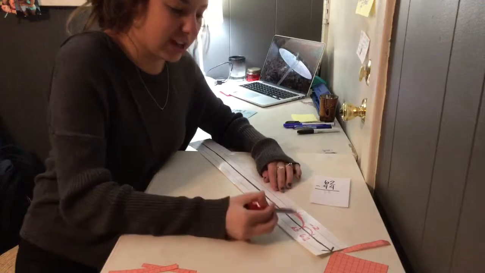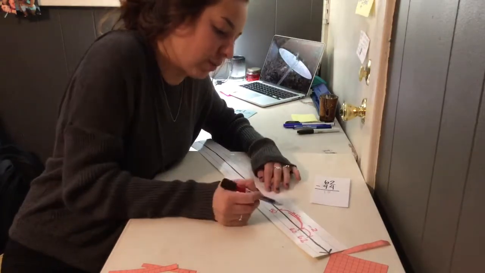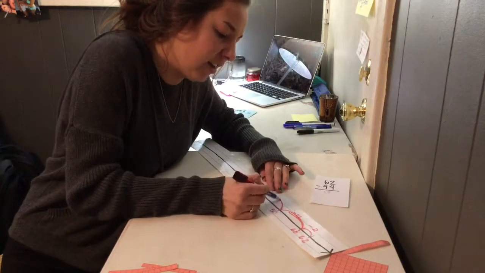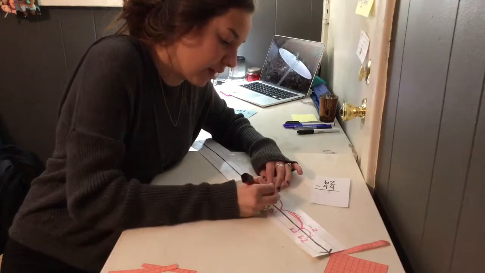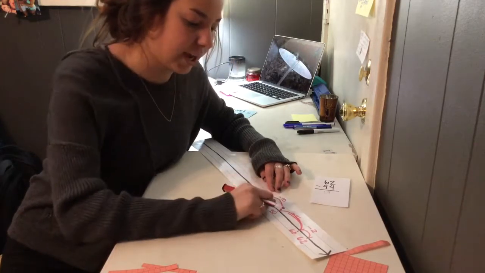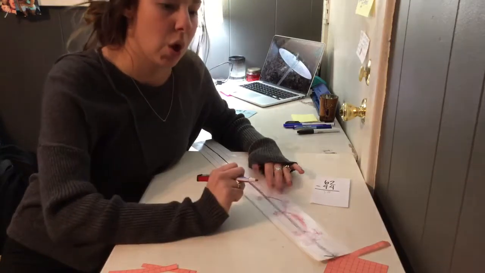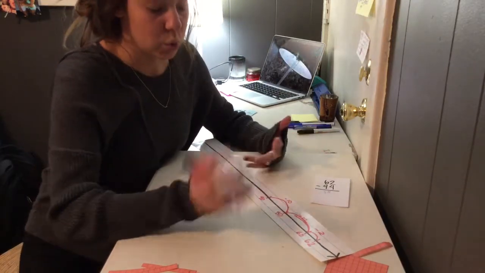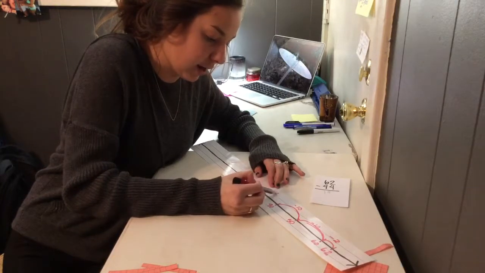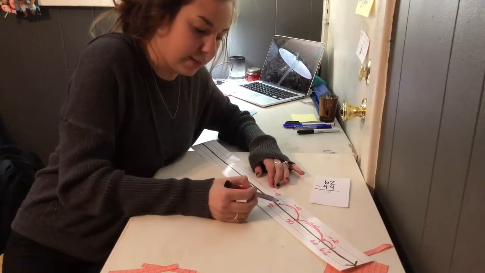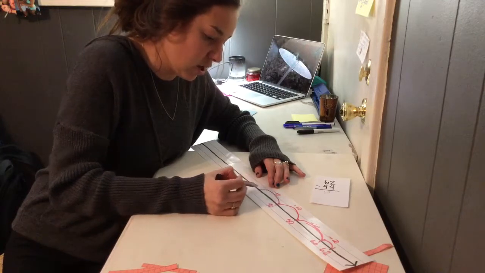And then, so that's 12, and we're trying to get to 44. So we want to jump back another 10, where we have 40. So that's another 10. So 10, 20, 22. We still need 22 more. So we jump back another 10. So 40 minus 10 would be 30.